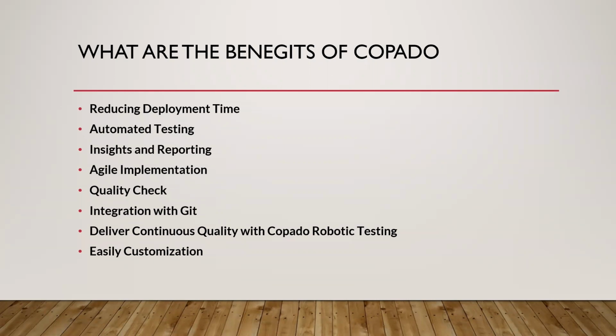But Copado has its own functionality to auto-solve the merge conflict. It also checks code quality. Everyone is now using quality checks through tools like SonarCloud and PMD for code quality.